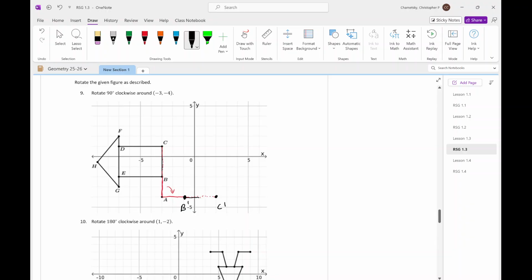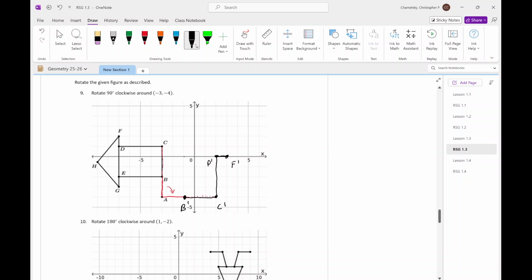Now I can kind of see the bottom of my arrow. And from here, I can really just kind of, knowing that my shape is rigid, D is going to be 4 units above C. So there's D prime. F is going to be 1 unit to the right of that. And we can build the rest of our arrow.